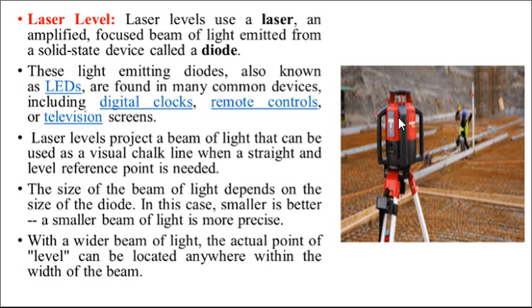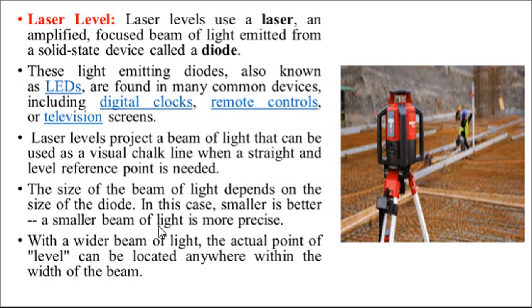So from this level, a ray or we can say a beam is emitted, and that beam falls on the target over here, and where the beam falls or cuts the target, there we have to take the reading. The size of the beam of light depends upon the size of the diode. In this case, smaller is better.